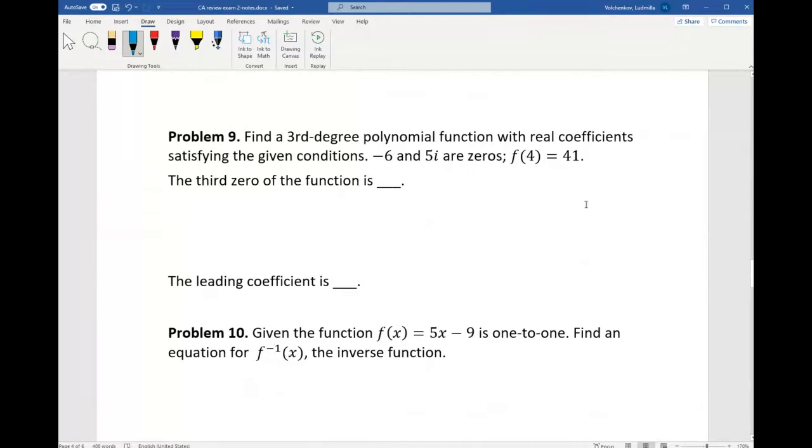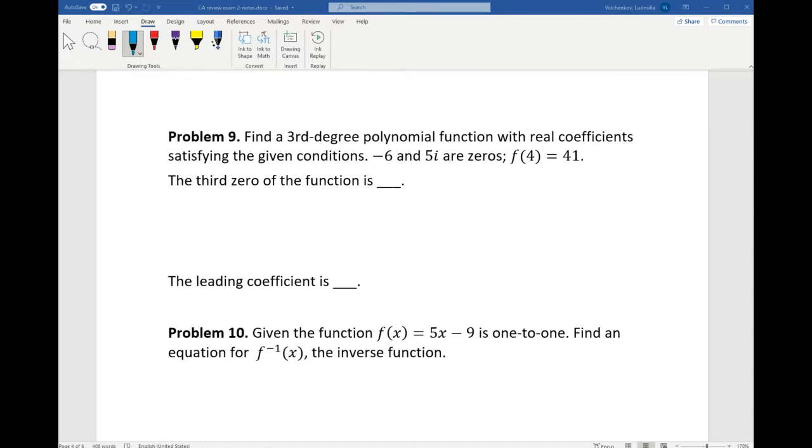Find the third-degree polynomial function with real coefficients satisfying the given conditions. -6 and 5i are zeros, f of 4 equals 41. Let me ask you a question. How many zeros must a third-degree polynomial function have?